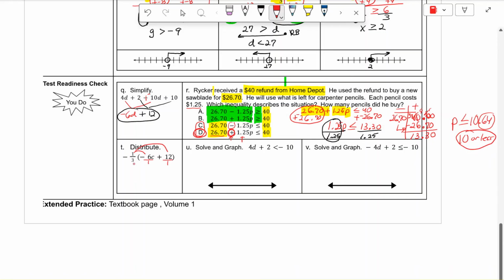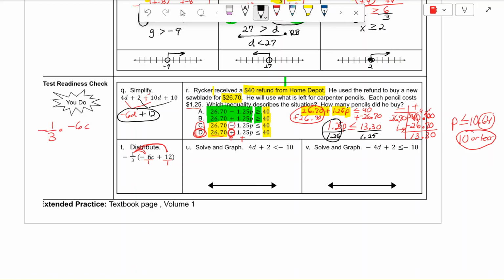Okay, I'm here to help you think this thing through. That negative 1/3 is going to multiply everything inside the parentheses, not just the first term, but the second term as well. So I've put my little arcs right here. And this first problem is negative 1/3 times negative 6c.